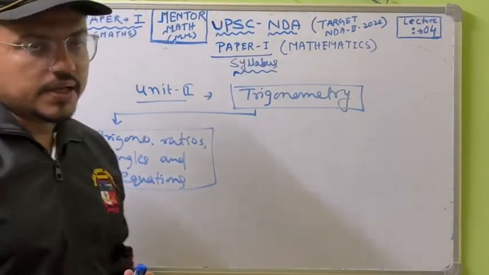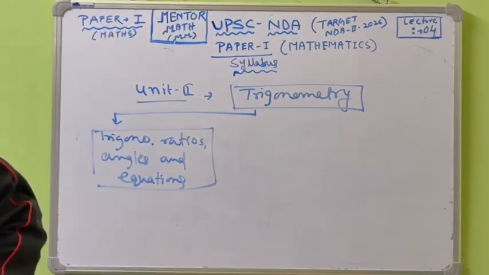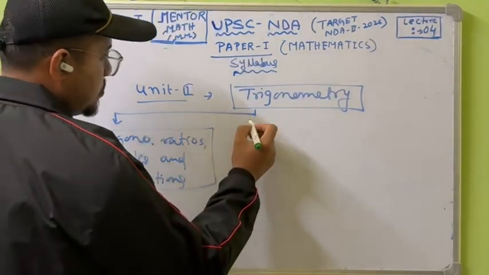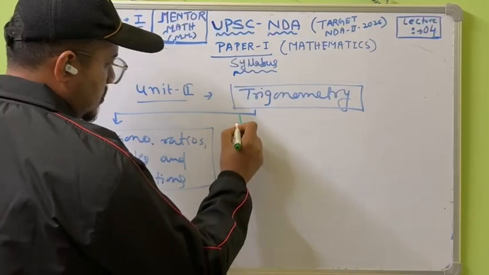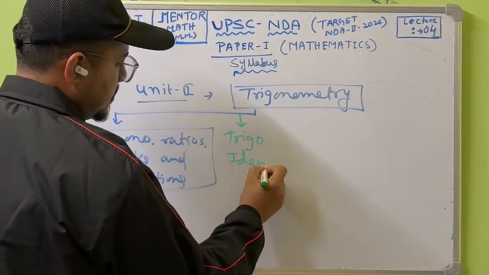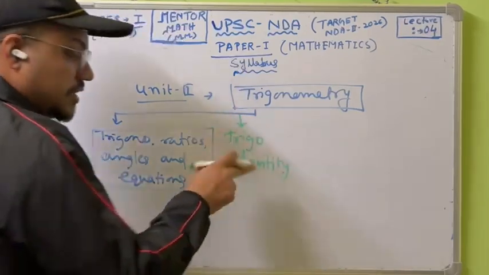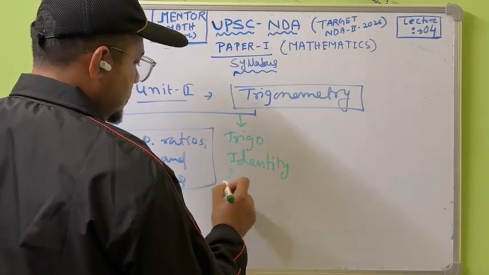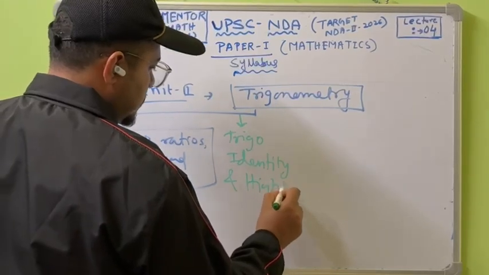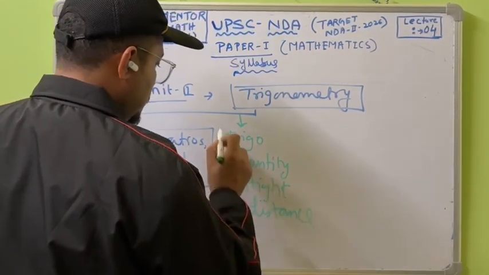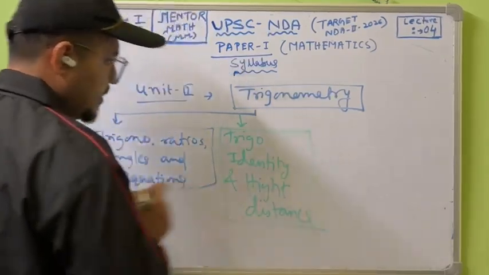Next comes trigonometric identities, which you already studied in class 10, and height and distance, which you also studied in class 10.